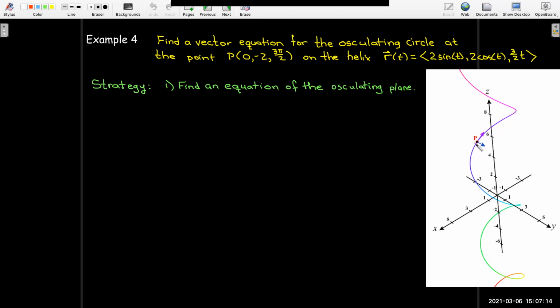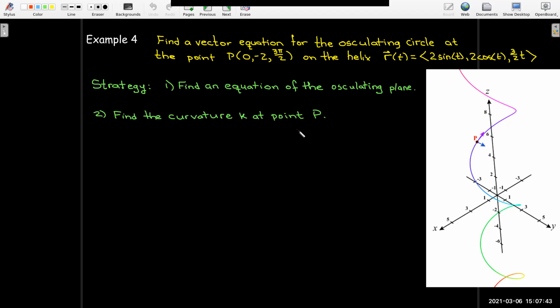So that means I'll have to actually calculate both the unit tangent and unit normal, or at least vectors that are parallel to the unit tangent and the unit normal. And then I will find their cross product. That'll give me a normal vector. And then I can choose a vector parallel to that to be the normal vector for the osculating plane, and I'll get its equation.